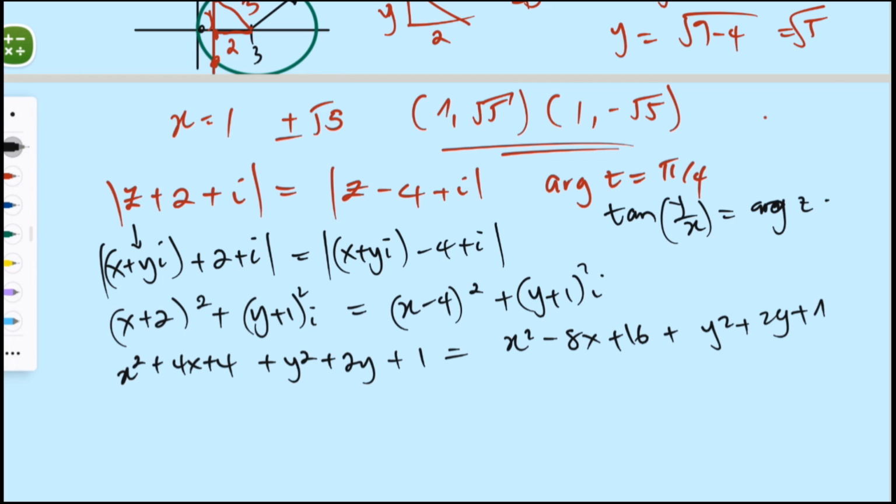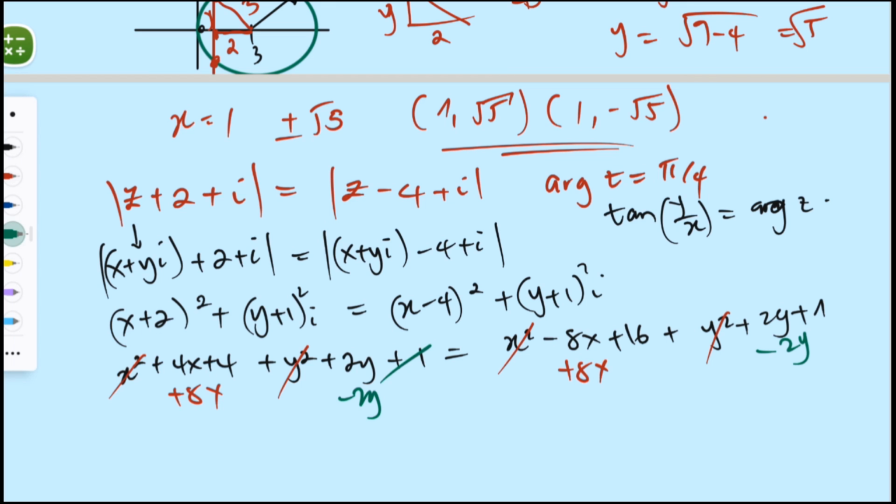Okay, bringing the like terms together. So x squared cancels x squared, y squared cancels y squared, and we have the x's. So I'm going to add 8x on both sides, and then I'm going to subtract 2y. Oh, it cancels out on both sides.